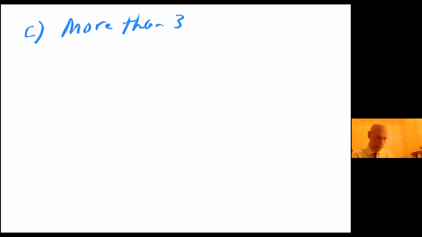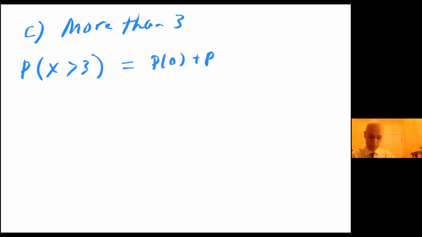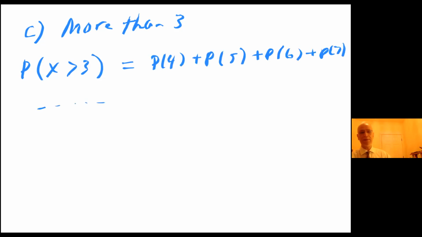So here, if I say P of X greater than 3, I would say P of 4 plus P of 5 plus P of 6 plus P of 7, and on and on and on. It's going to take forever. And really, nobody has the time to go and count the number of words to see when to stop. There is no real answer to that. So what do we do? We use the complement.